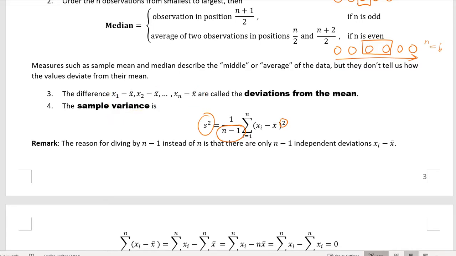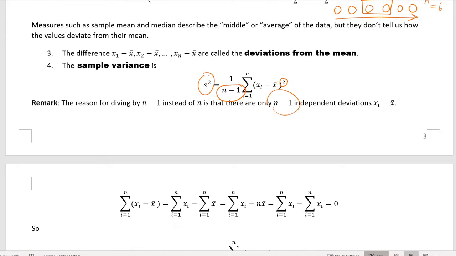The reason for dividing by n minus 1 instead of n is that there are only n minus 1 independent deviations xi minus x bar. We have n variables, but there is one relation among them when we add them all up. We can distribute the sum: sum of xi minus sum of x bar.